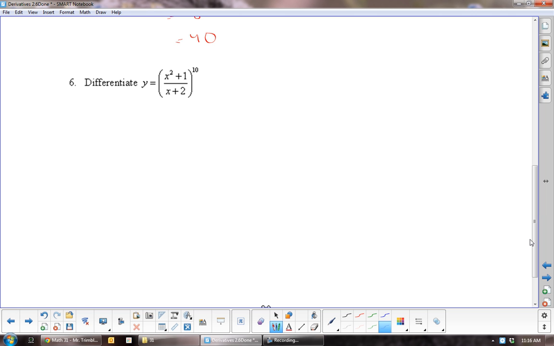Always outside in. So y prime would equal 10 times (x squared plus 1 over x plus 2) all to the 9 times d/dx of (x squared plus 1 over x plus 2).